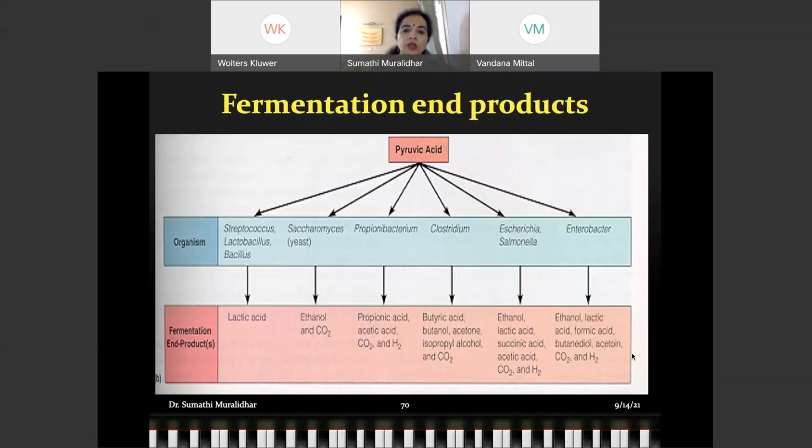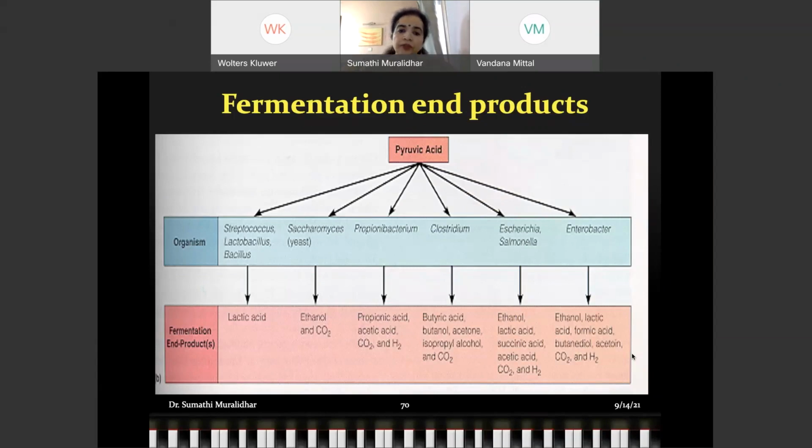So in fermentation, the beginning is pyruvic acid, but the end products could be various other chemicals. For example, the fermentation of Streptococcus and Lactobacillus will yield lactic acid. Some of them will yield ethanol, that is alcohol. Others yield carbon dioxide, propionic acid, butyric acid, and some of them ethanol with lactic acid and different acids.